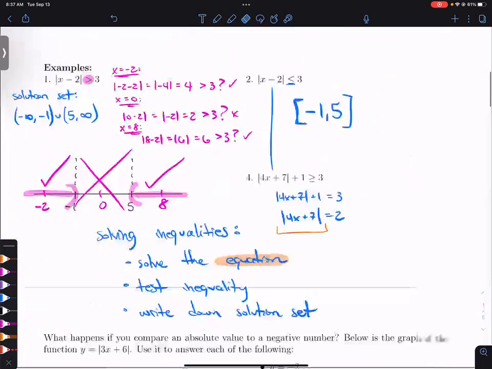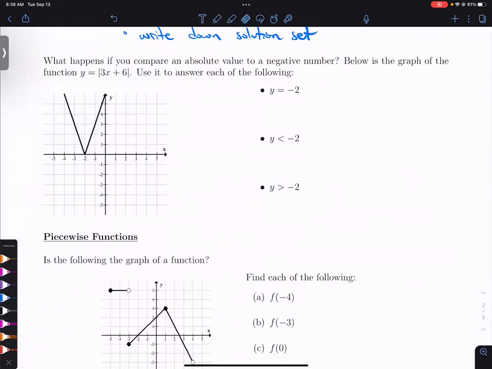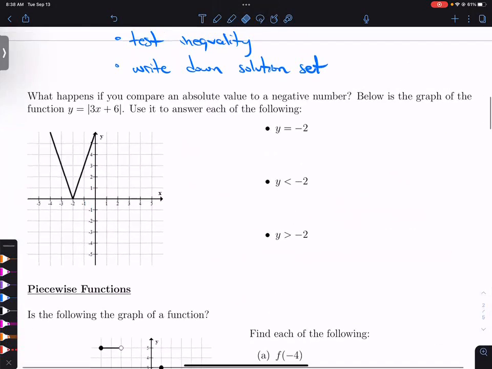Okay. All right. Flip over to the back. Tell me about what you see here. So that is the graph of the absolute value of 3x plus 6.